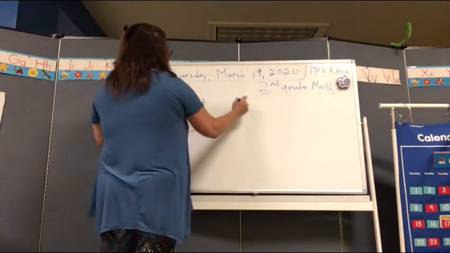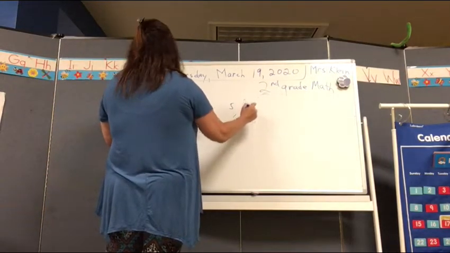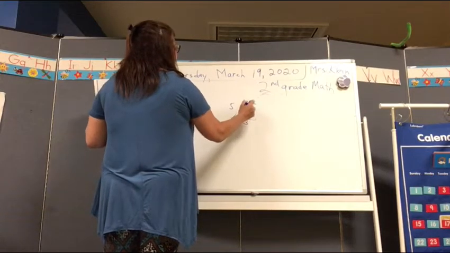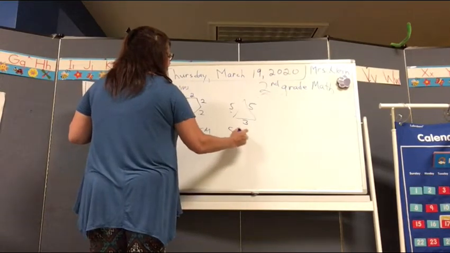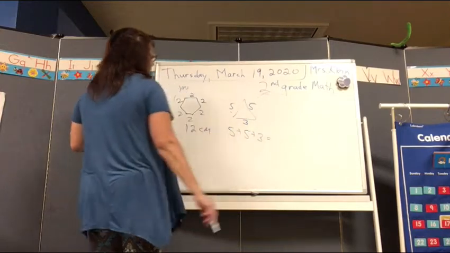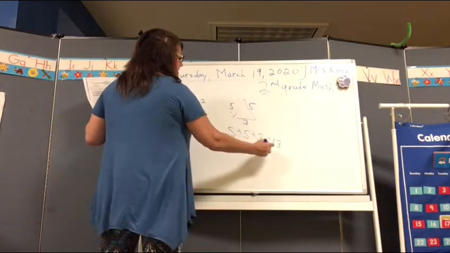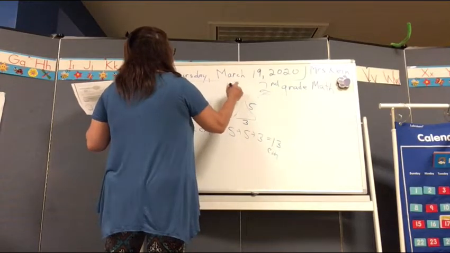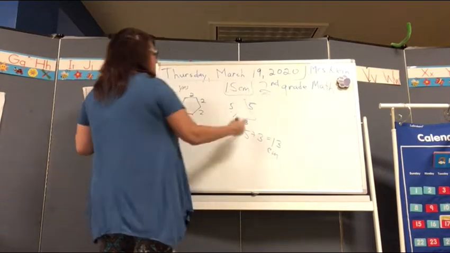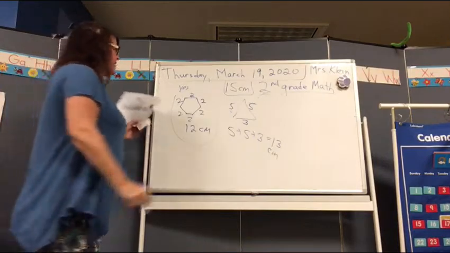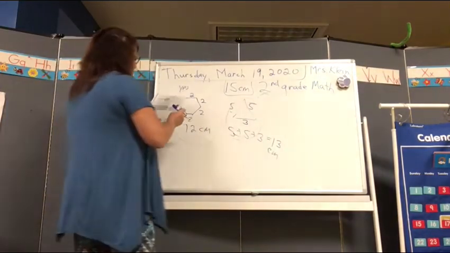The next object is 5, 5, and 3. 5 plus 5 plus 5 plus 3. 5 plus 5 is 10, plus 3 is 13 centimeters. She has 15 centimeters. Can she measure this one? Yes, she can. Make sure you circle it.